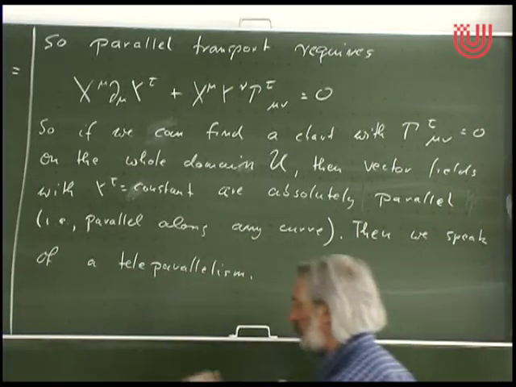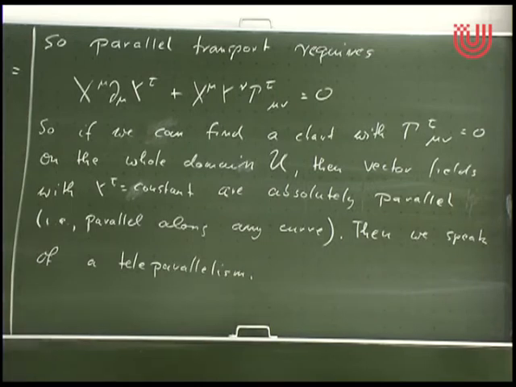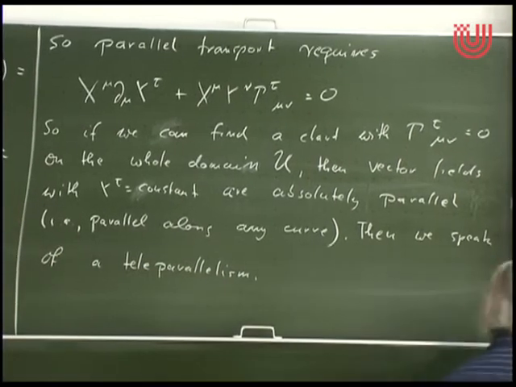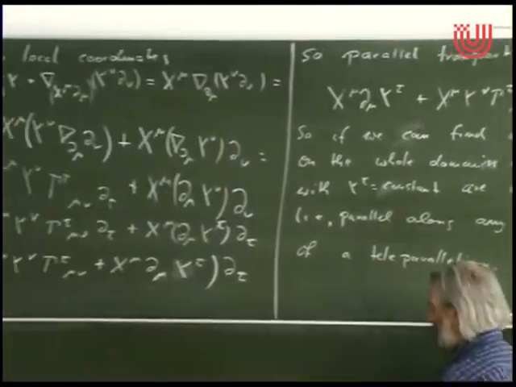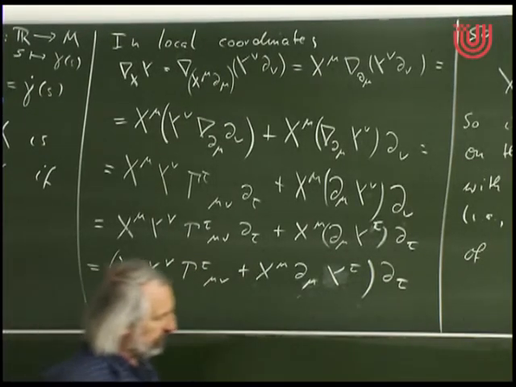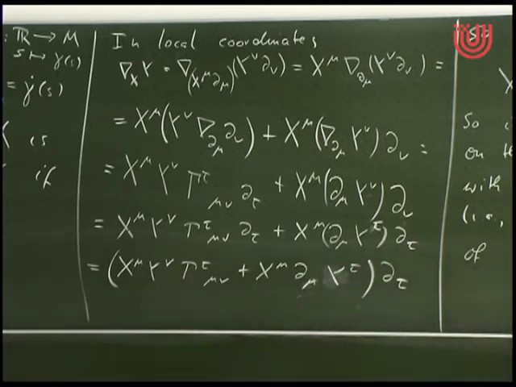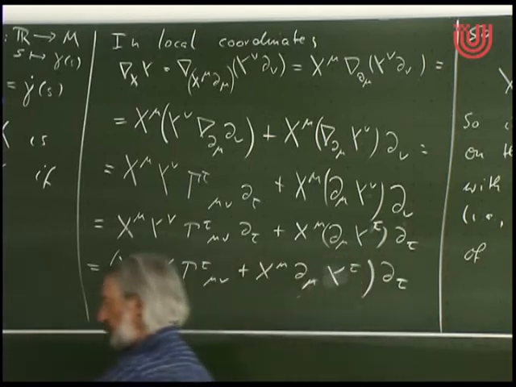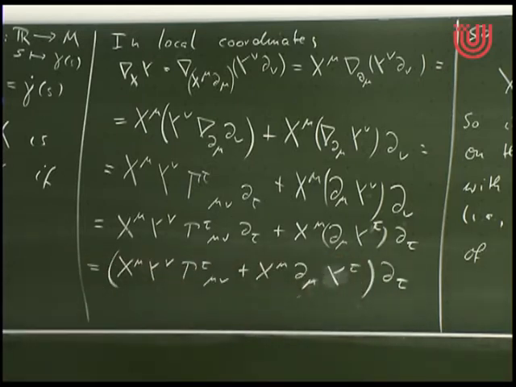So at the moment, I just give you the definition, and then I leave it again, just to come back to it later. But I think that's the right place to introduce it, because it's directly associated with the notion of something being parallel. Namely, having defined parallel transport, we can ask on what condition the tangent field to a curve itself is parallel.